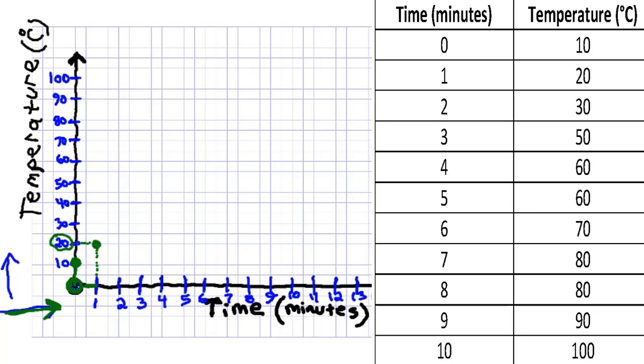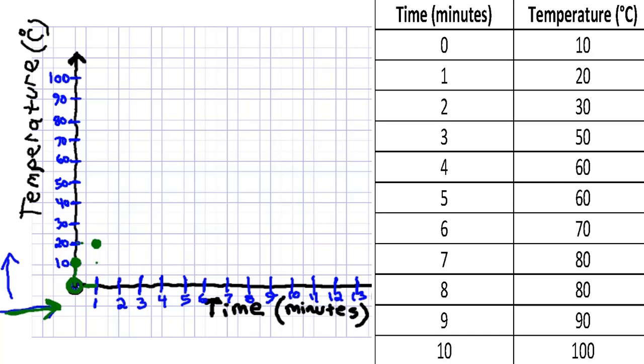So we're going to make a big dot right here where these two meet. So at 1 minute, it's 20 degrees Celsius. And let me erase these other dots so you don't get confused. Okay, so now we have our 1 dot at 0 time and 10 degrees Celsius, and then we have a dot at 1 minute at 20 degrees Celsius.